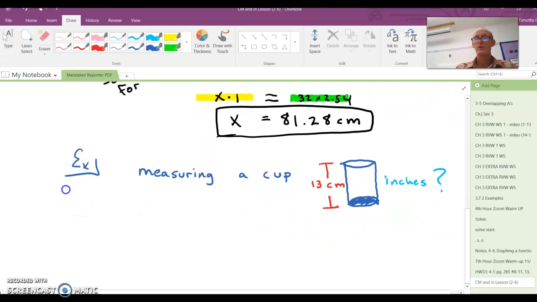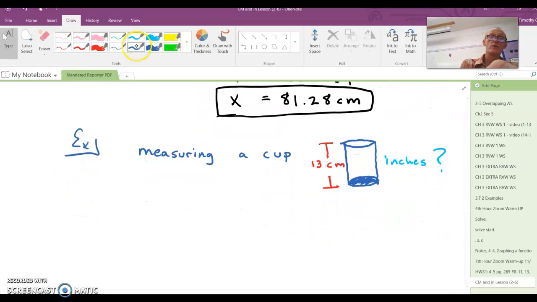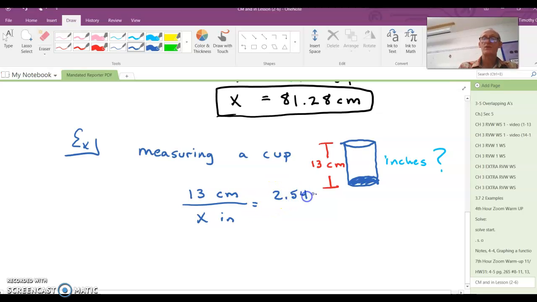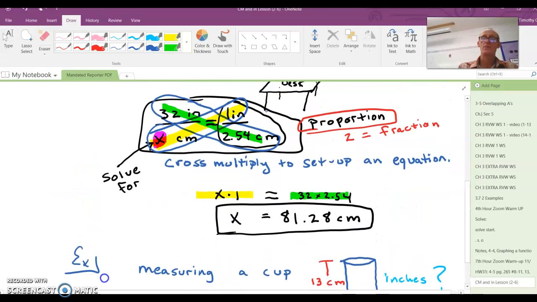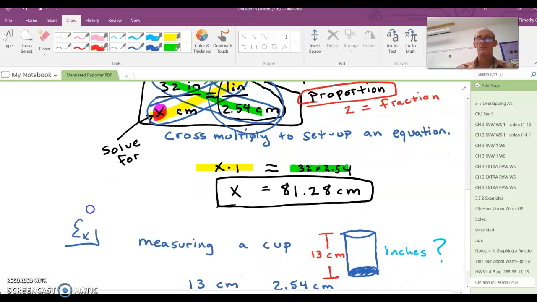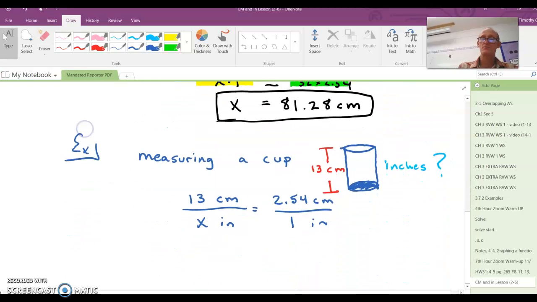So what do we do? Well, we say 13 centimeters over x inches equals 2.54 centimeters over 1 inch. Again, it's the same ratio we use on both, but this time, it's backwards.